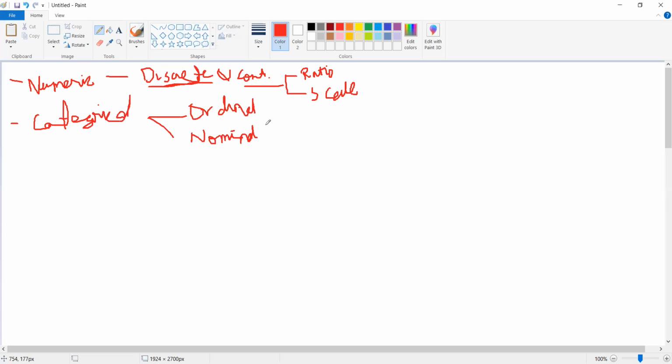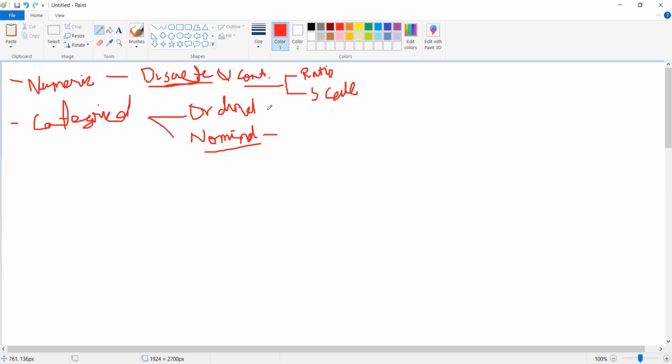If I ask what the values of gender are, I can say male, female or female, male, it doesn't matter. Regions: I can say north, south, east, west or south, west, east, north, it doesn't matter. Those types of categorical values are nominal, where they are there just to represent the data. It does not give any significance to the order.